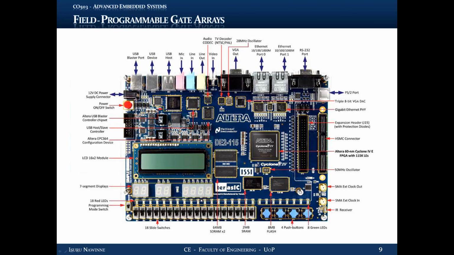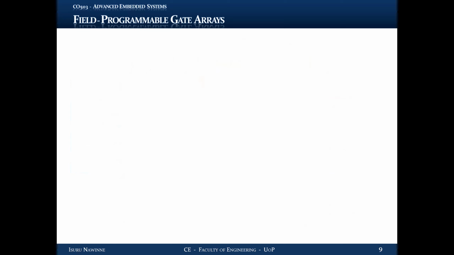So you have all kinds of different things, including general purpose buttons, switches, LEDs, up to a lot of communication devices like USB, Ethernet, and so on, right? Even VGA, all kinds of different things. So this is what we will be using in the labs, right?